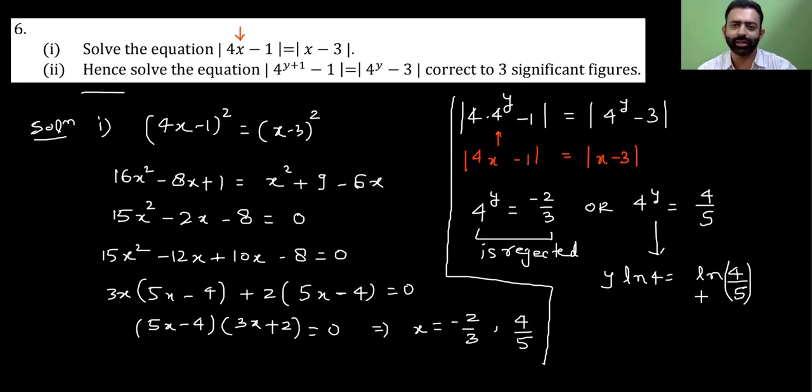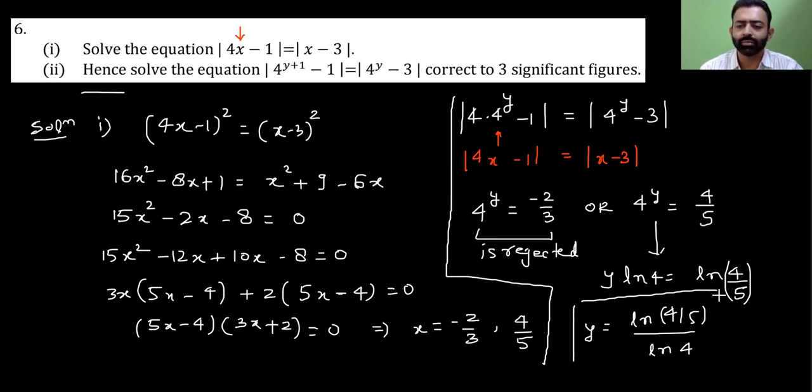It is not separate, that you are taking log of only 4 and 5 is in the denominator. And you cannot cancel this log with this log, I have told you this earlier. So the solution of y is ln (4 over 5) upon ln 4. Okay, this is the solution.